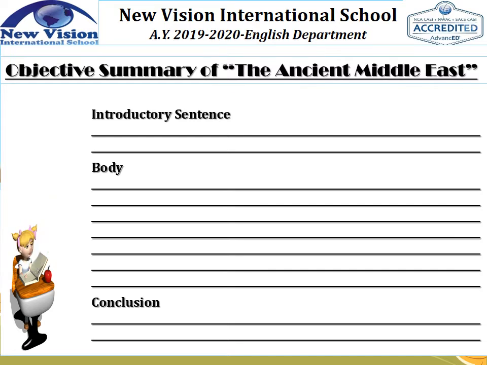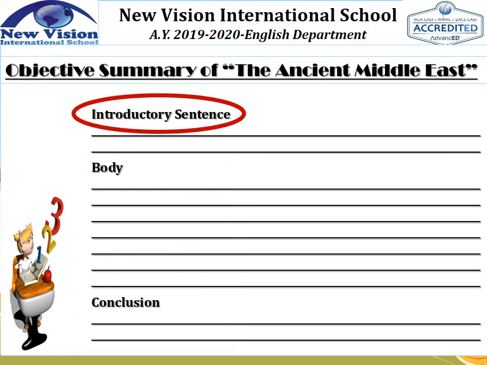Filling in your A4 paper, you should have the first part, the introductory sentence. It's about giving the background of what you are trying to summarize. The second part is the body, which includes the central ideas from the 4 sections that you have prepared in the pre-writing activity from page 218.